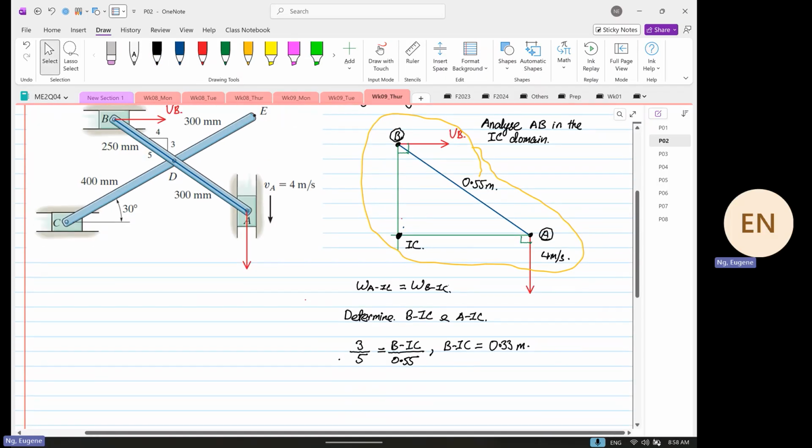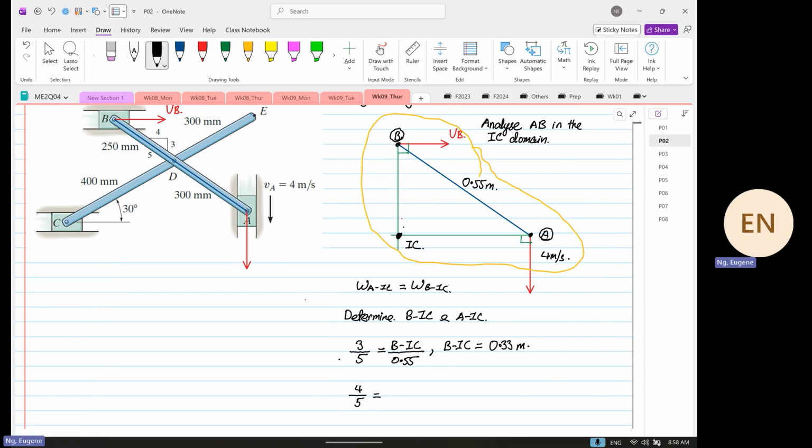And then for your AIC, you have 0.55. So now your A to IC will be equal to 4/5 of that, 0.44.